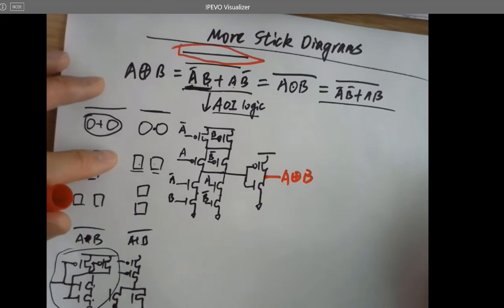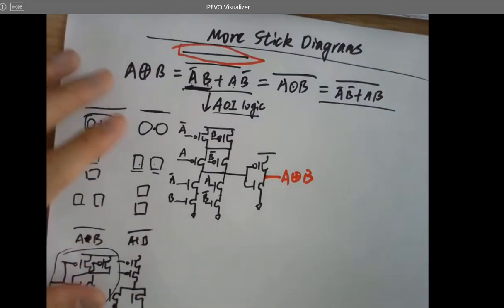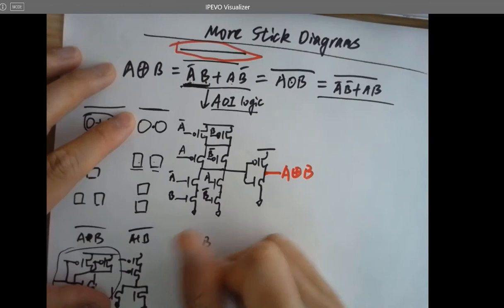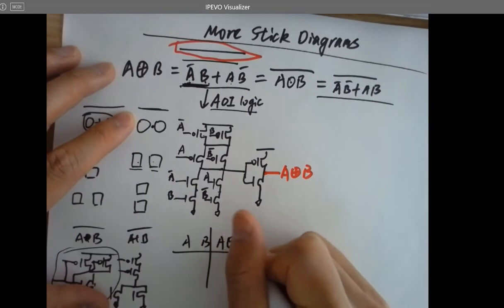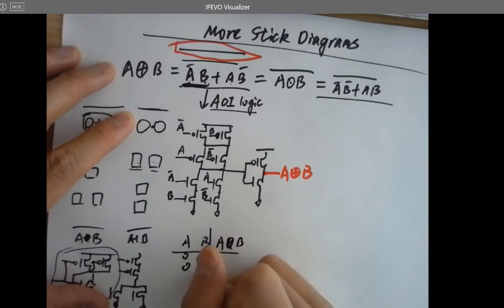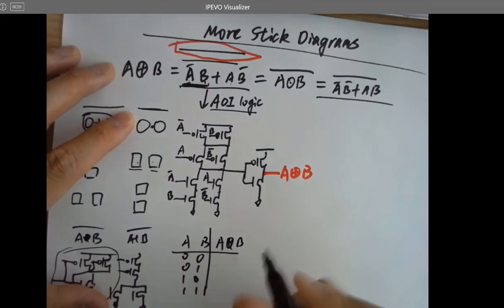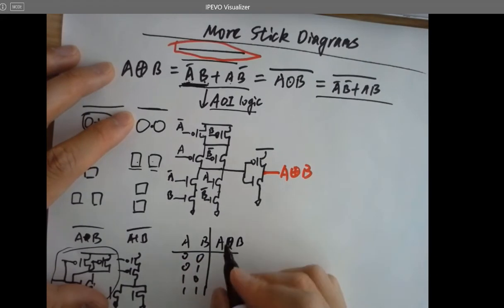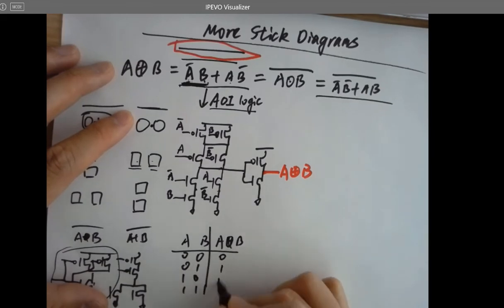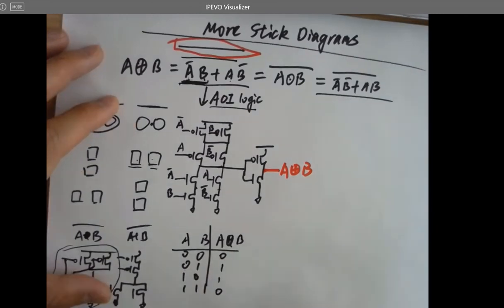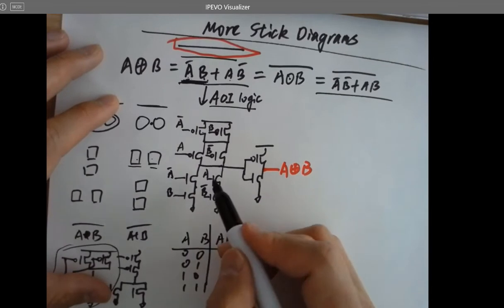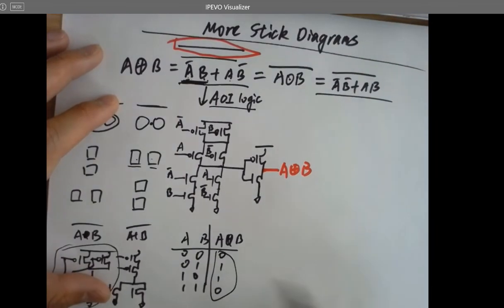If you want to verify it really quickly, which is easy, right? You just have a truth table, A, B, A XOR B: 0 0 gives 0, 0 1 gives 1, 1 0 gives 1, 1 1 gives 0. When they are different, you get a 1. Plug in all the A and B's in there and see if you are getting these results.